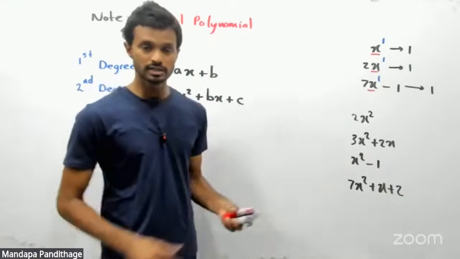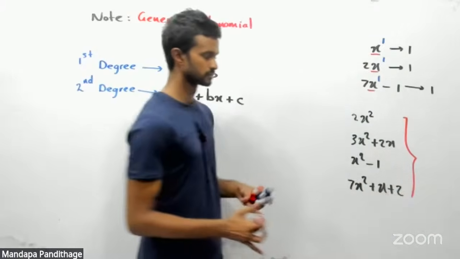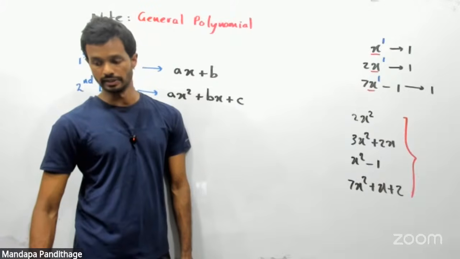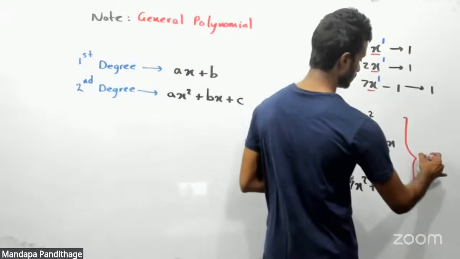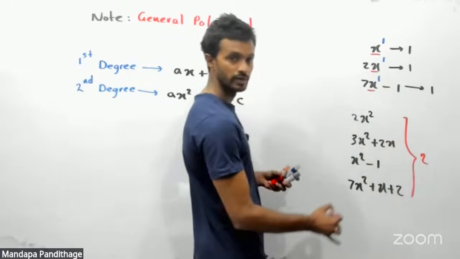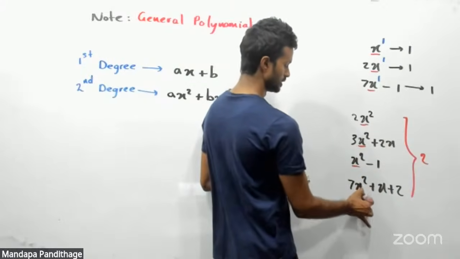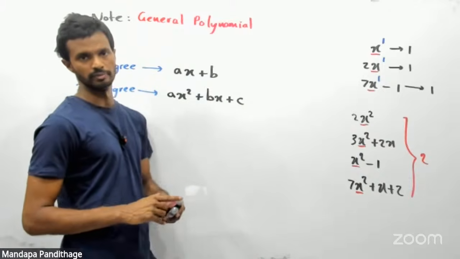Tell me, what can you say about the degrees of all these 4 polynomials? Clear, the degree is 2, no? The degree is 2. So that's why I told you x squared is the only compulsory term. These terms can be there, but are not a compulsory requirement.